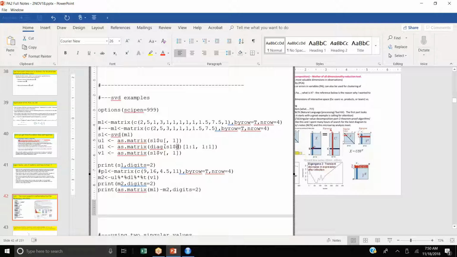I convert that into a diagonal matrix, because even though I take only one element, I still need to convert them into matrices. That's why I do all these things. Are you with me, guys?